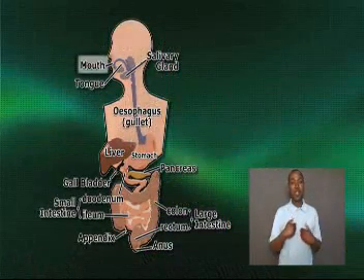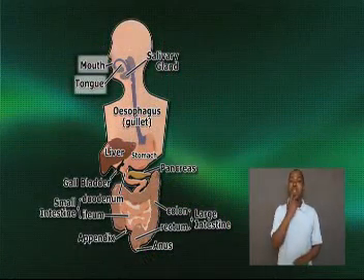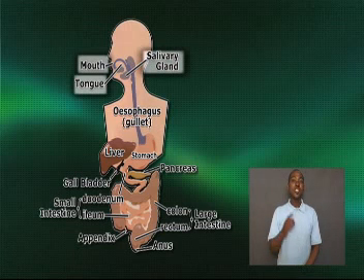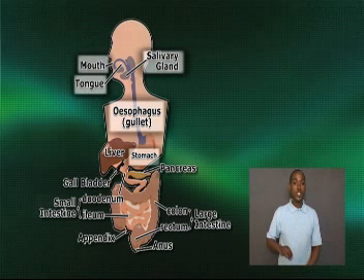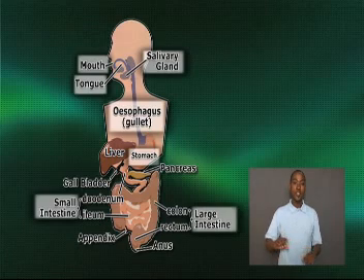Your diagrams should look like this: mouth, tongue, salivary gland, esophagus, stomach, small intestine, large intestine, and anus. If you were not able to label each organ, please make note of its location in the body now.